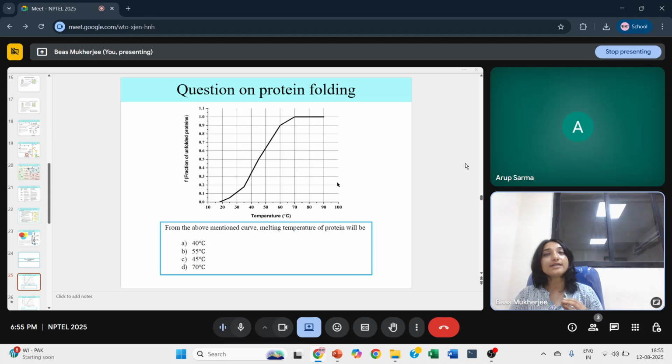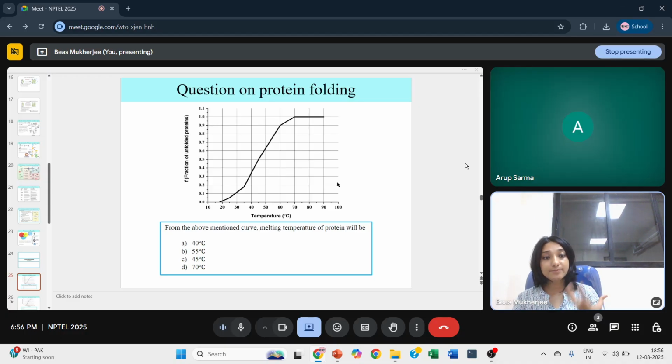The melting temperature is actually the midpoint of this log phase. It is the temperature at which 50% of the molecules have melted. That is your Tm or melting temperature.